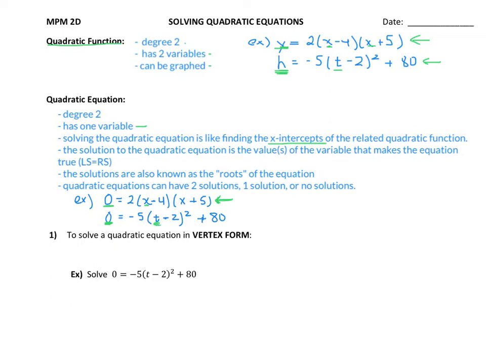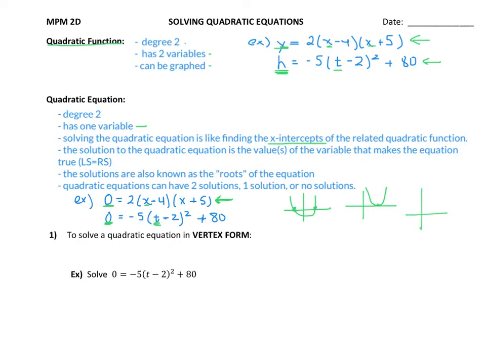Now, we also know that since it's like finding the x-intercepts, if you think of a parabola, it could cross the x-axis at 2 spots, so it could have 2 solutions. We could have a parabola sitting right on the x-axis, and that has just one solution.